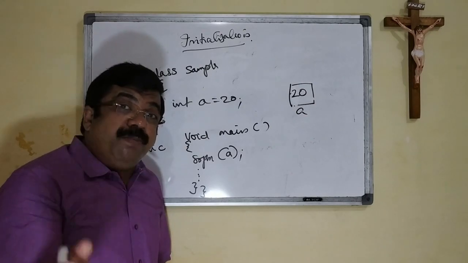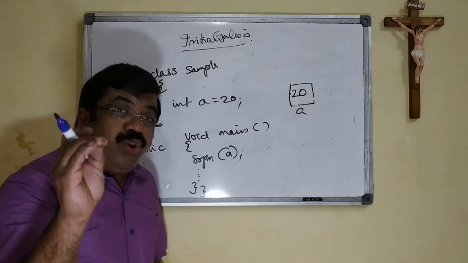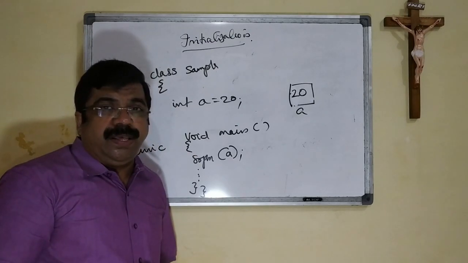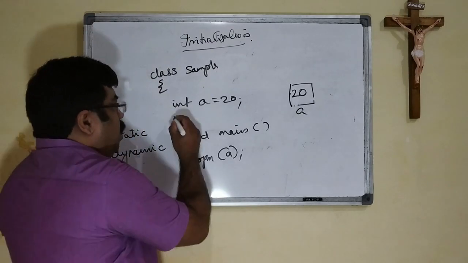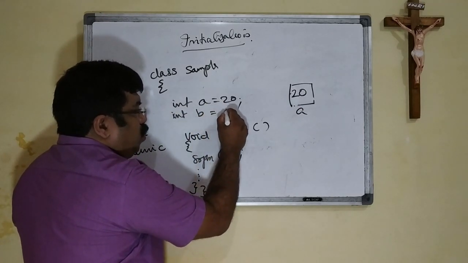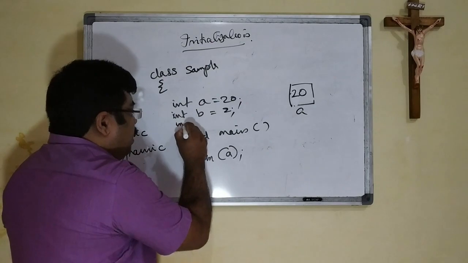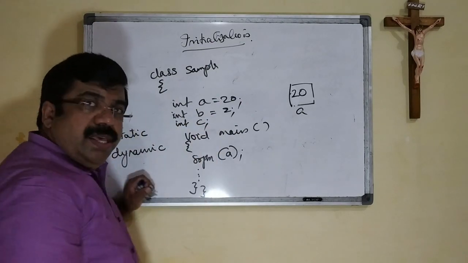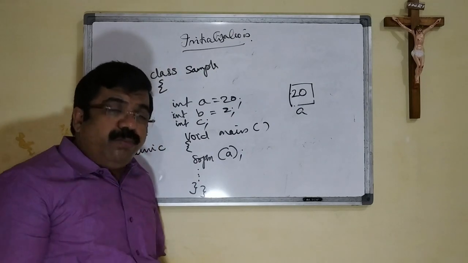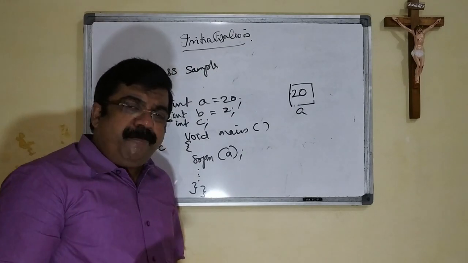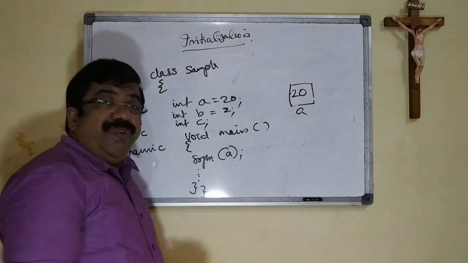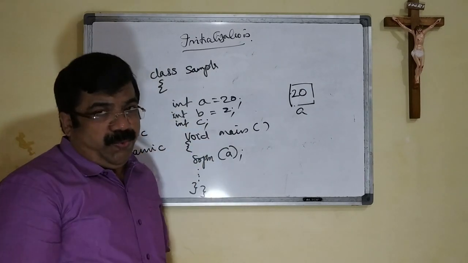But certain variables are there which do not know their value at the time of compilation. Let us see. Int b is equal to 2 and int c. C will have an initial value 0 because we saw in Java the default value for integer is 0.